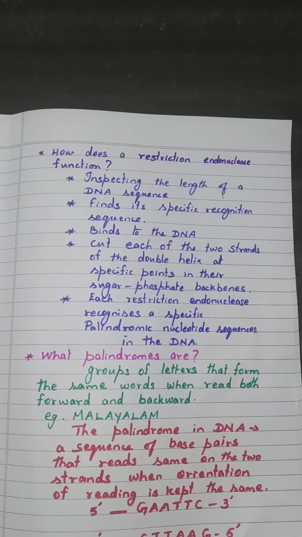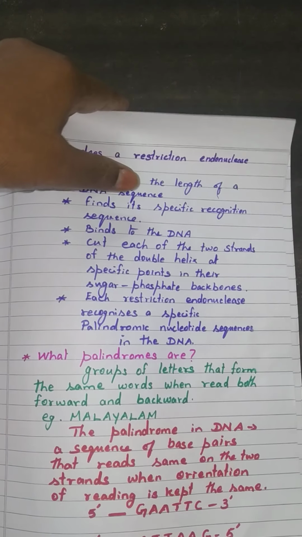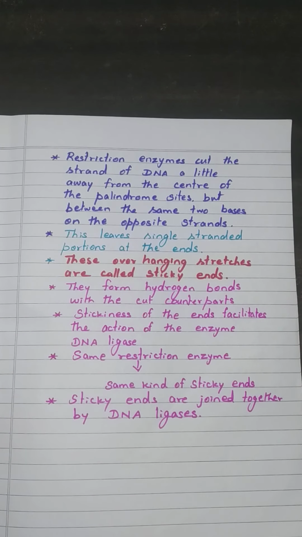This sequence is a palindrome sequence. This restriction endonuclease selects only this palindrome sequence and attaches itself to the DNA, and then cuts the DNA. This restriction enzyme cuts the strand of DNA a little away from the center of the palindrome site, but between the same 2 bases on the opposite strands.